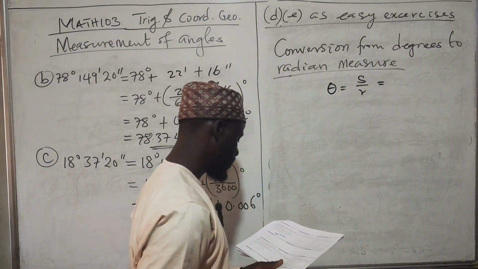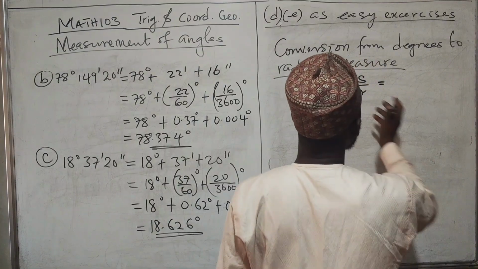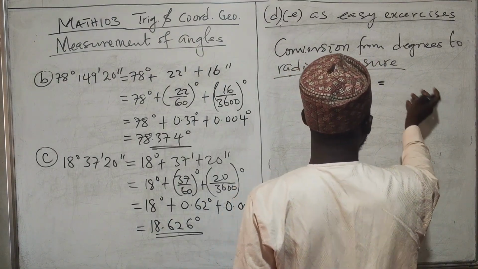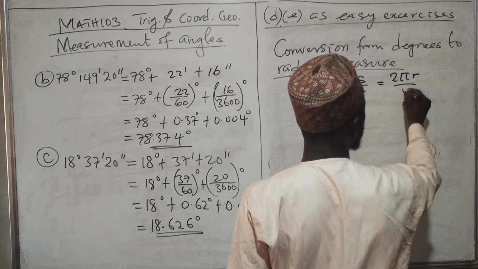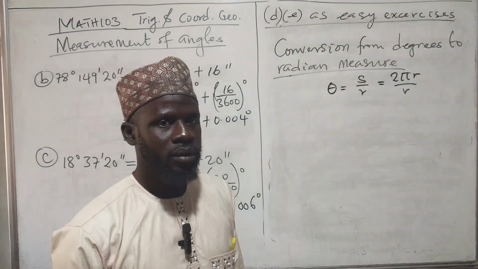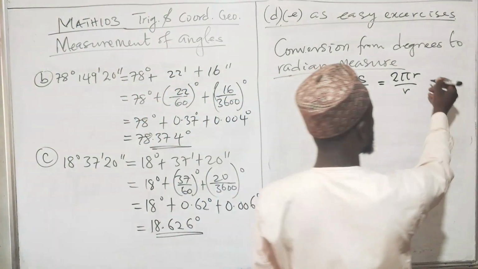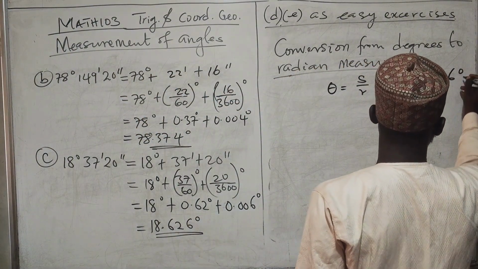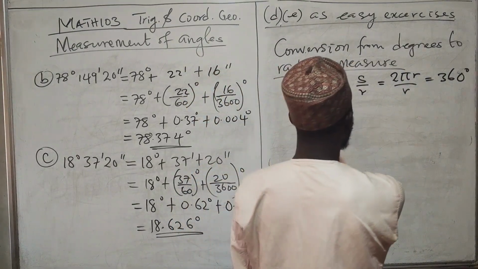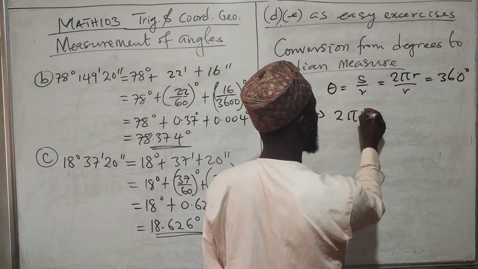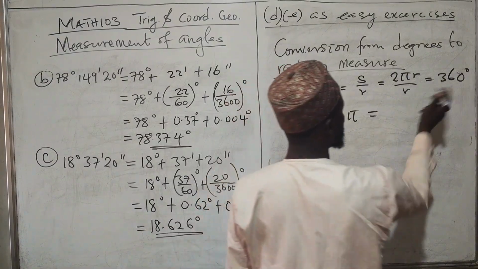But in terms of this ratio, the whole circumference is 2 pi r, and then we divide by r. So what we have here is 2 pi r over r, which leaves us with 2 pi, and this is equal to 360 degrees.